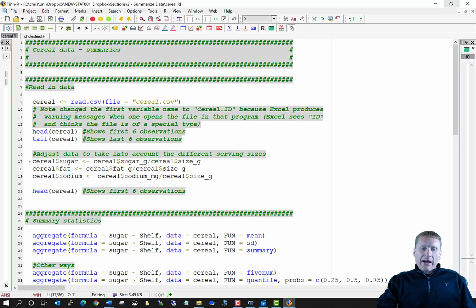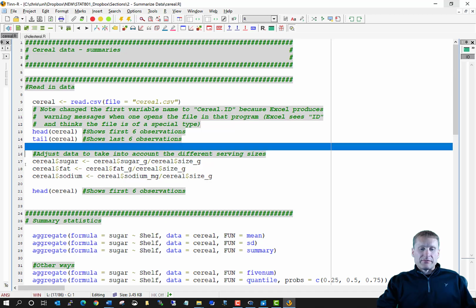If sugar actually existed in the data set itself, I could just call serial$sugar, but it doesn't. Instead, I am going to do this adjustment to my data and put that adjustment into my original data. Then we'll look at the head function with serial to see if it's actually in there.